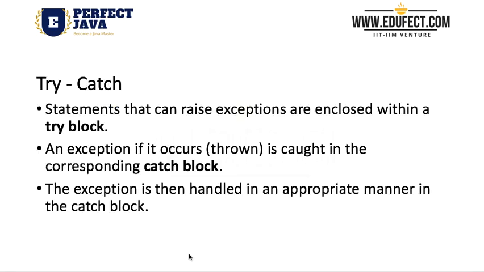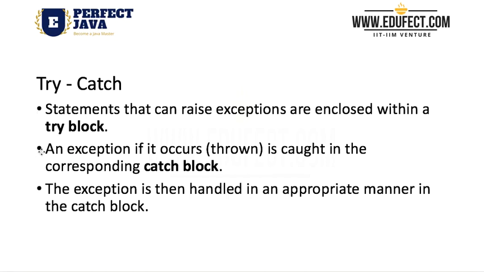To handle an exception, we have the concept of try catch in Java. So, what does try catch mean? Statements that can raise exceptions are enclosed within a try block. Any statements that we think can raise runtime exceptions, and we want to handle those exceptions, we will enclose within a try block.